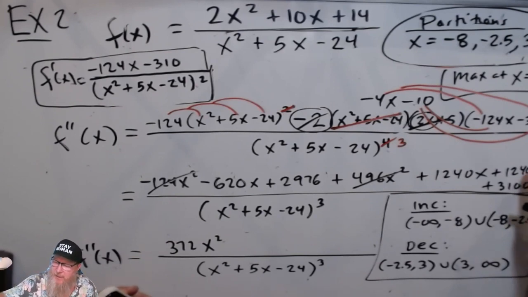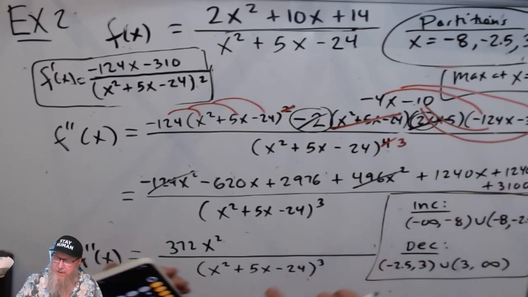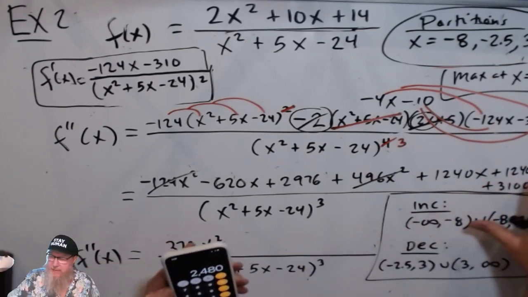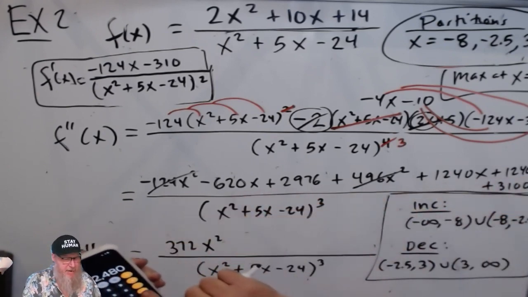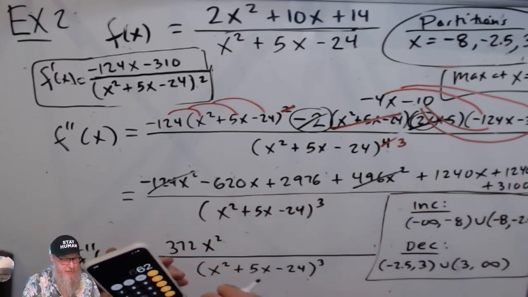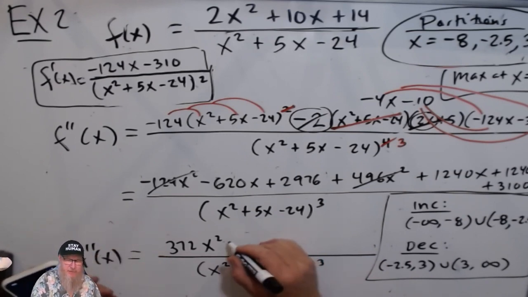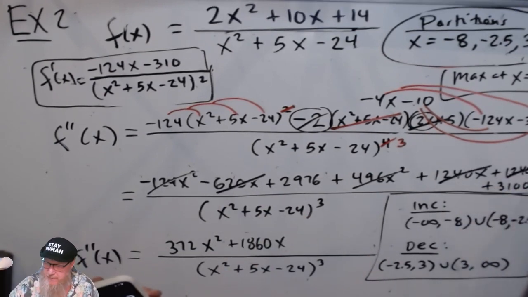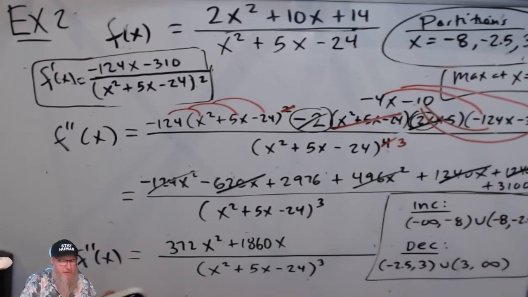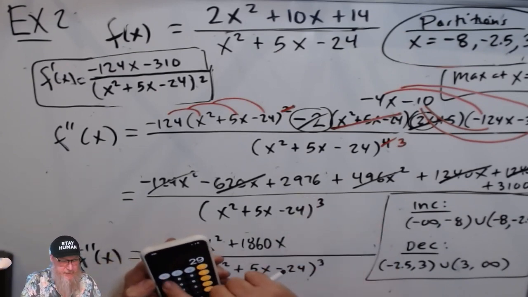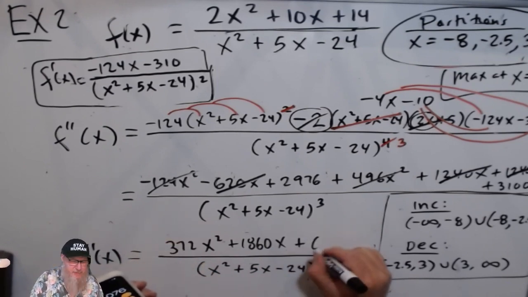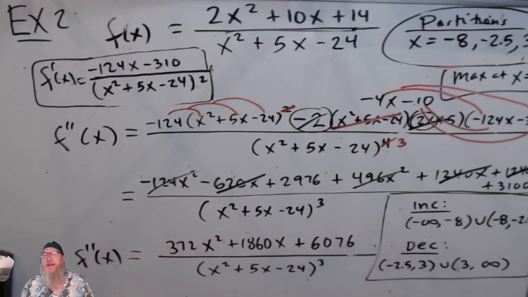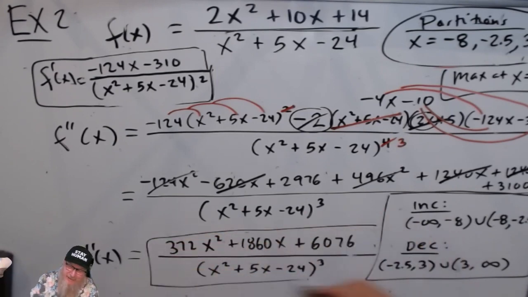Oh, that's interesting. 1240, 1240, so that's 2480. And then minus 620. So that's 1860x. So those guys are all gone. And then 3,100 and 2,976, 6,076. So that, my friends, is your second derivative.